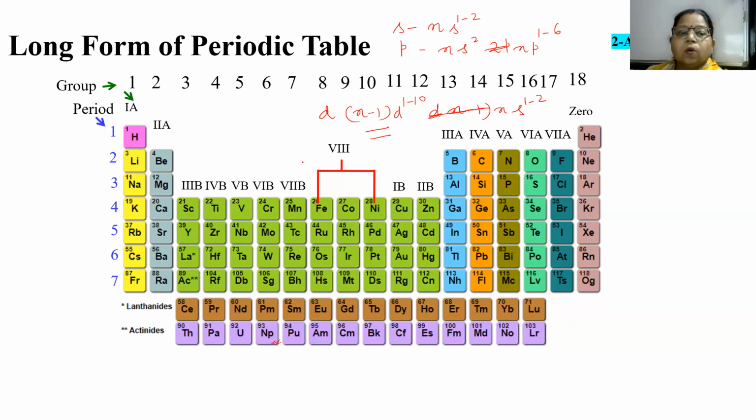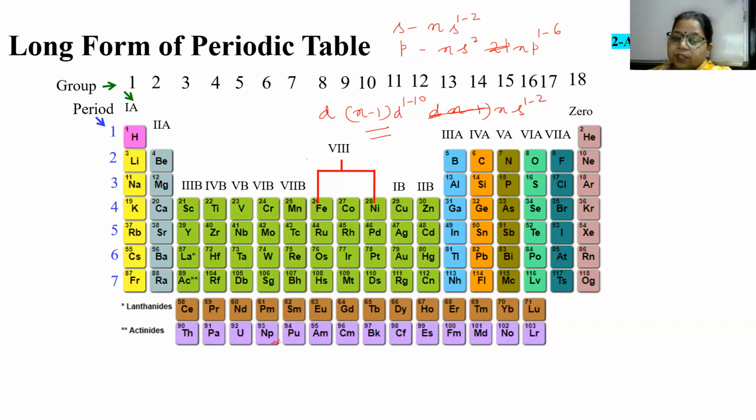So why are some groups named with suffix A, while others have suffix B? Please notice all the groups which have A as their suffix: 1A, 2A, 3A to 7A, and 0. All of them have only one shell, that is the valence shell, which is incomplete.